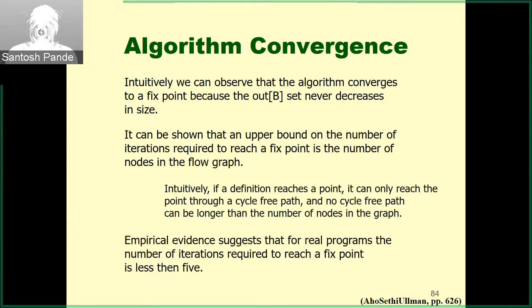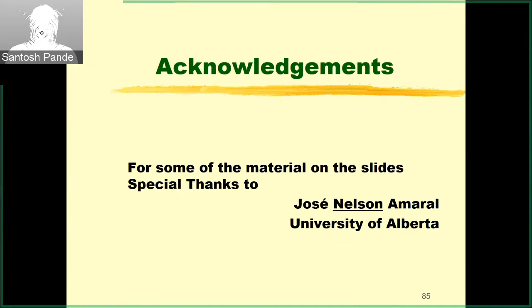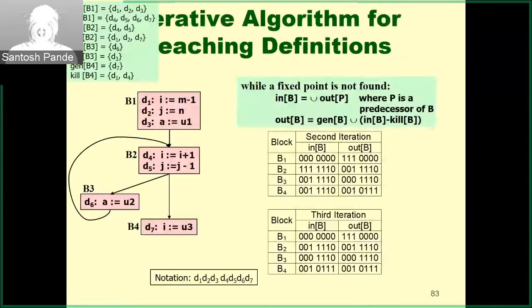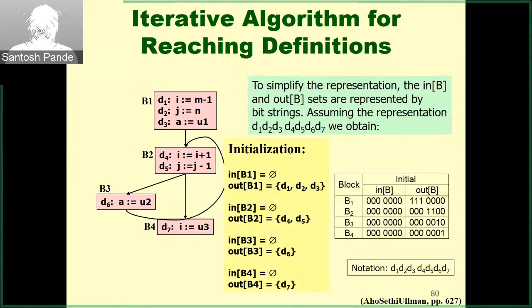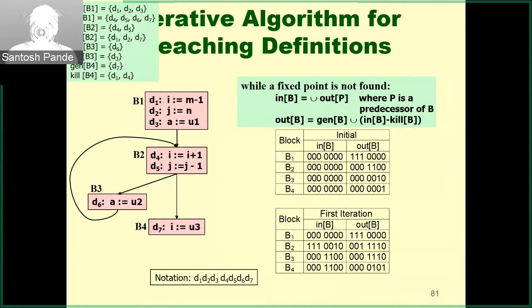So going forward, we will be touching on the topics of data flow analysis for reaching definitions. One of the things that you notice here is, of course, we are monotonically growing these sets, and we are converging when there is no more change in the set.